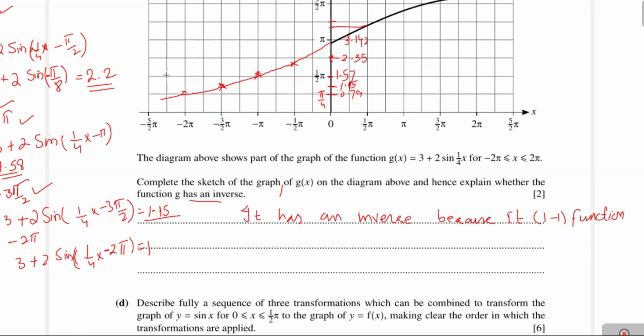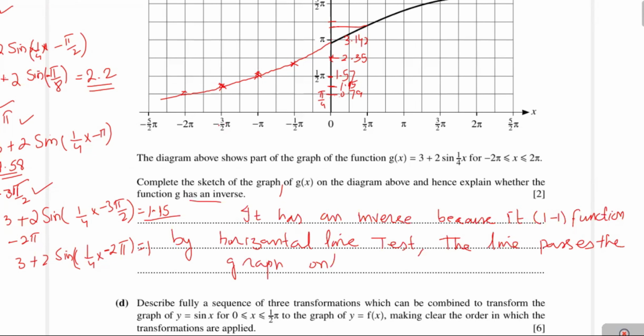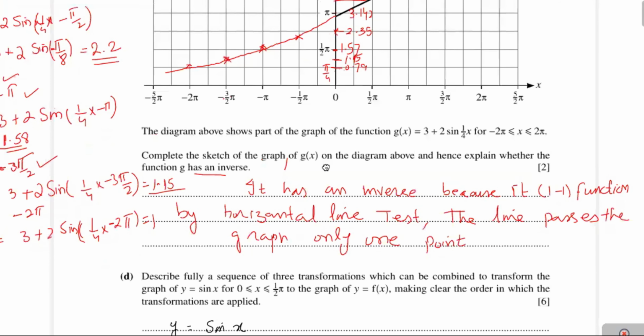When you draw the horizontal line, the horizontal line will pass only one point of the graph. Horizontal line test, the line passes the graph only one point.